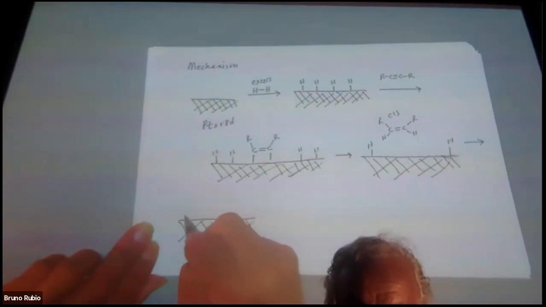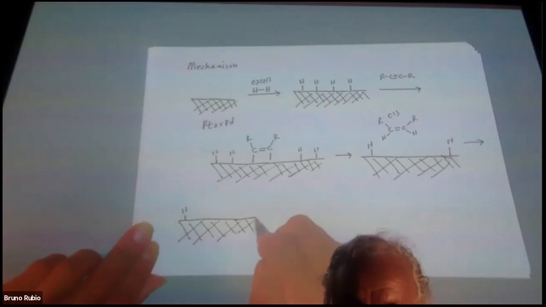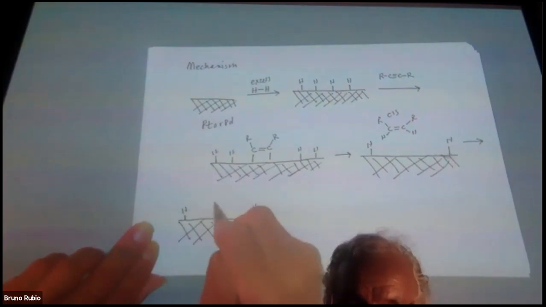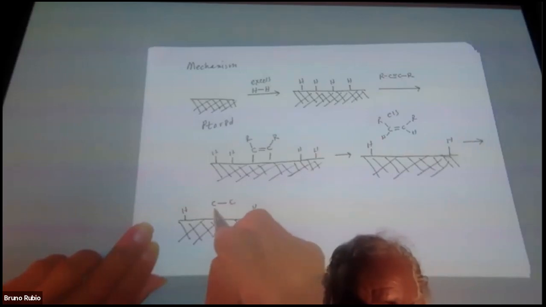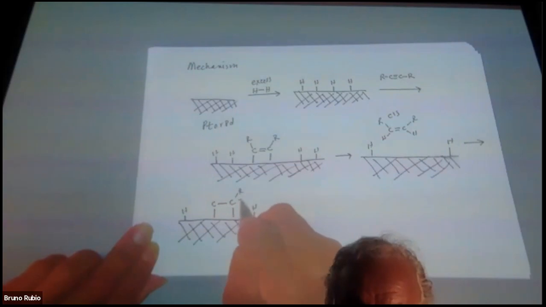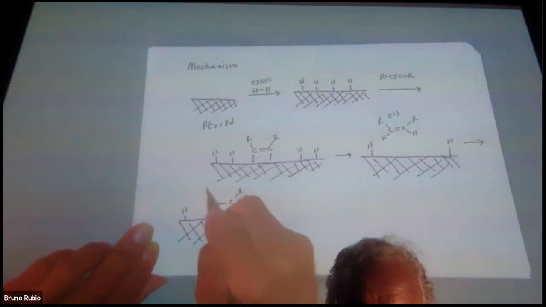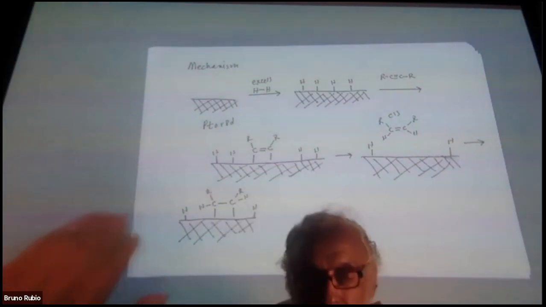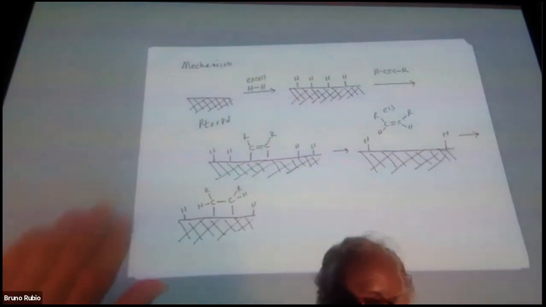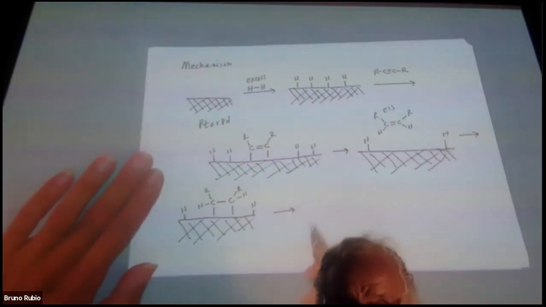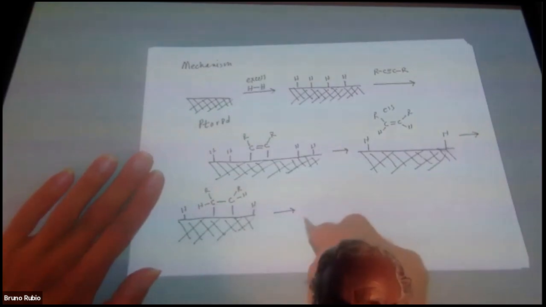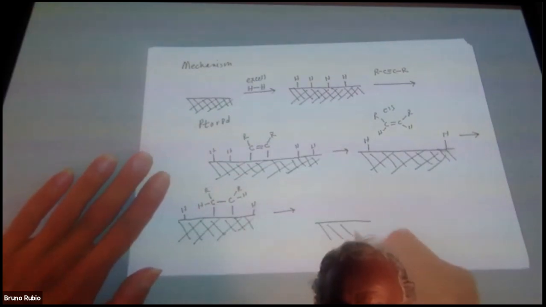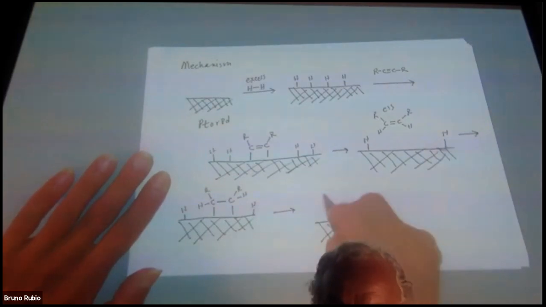So we have a hydrogen there, we have a hydrogen there, but now this alkene, that double bond was degraded to a single bond, and the carbons are bonded to the surface. And now these carbons pick up these protons, these hydrogen atoms from the catalyst surface.